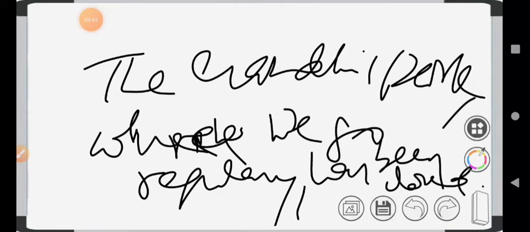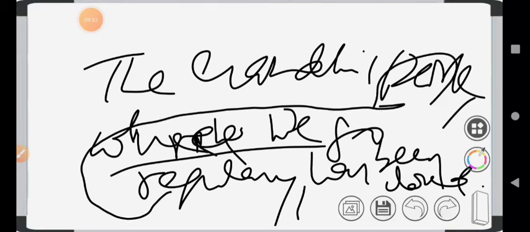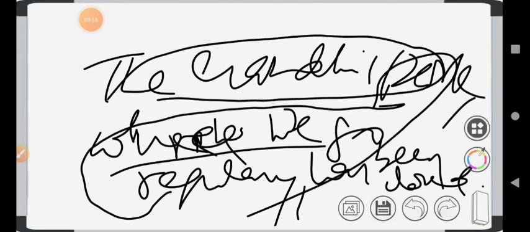The Gandhi Park, where we go regularly, is a non-defining relative clause. It gives information about the Gandhi Park. It is a non-living being, not a person. It is a place. We are talking about the place. That's why we are using the relative adverb where.